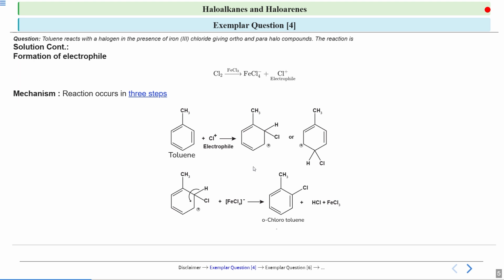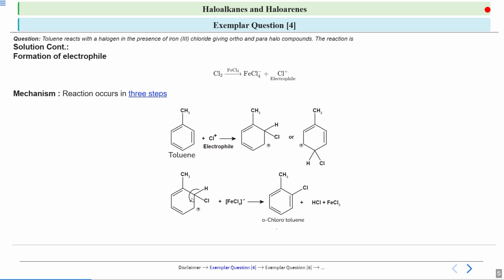Then the third step includes the stabilization of this carbocation by resonance. So you get this molecule where the chlorine is attached at the ortho position. We are taking a case where chlorine is attaching at the ortho position. Now this hydrogen will be removed, because we want our benzene ring to be stable.